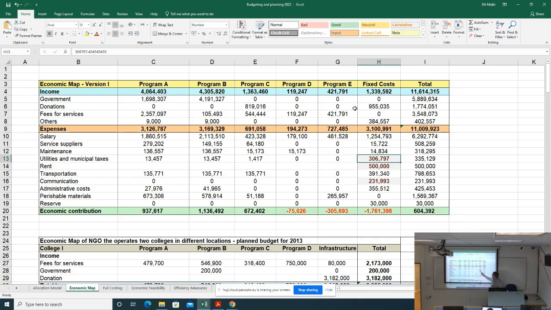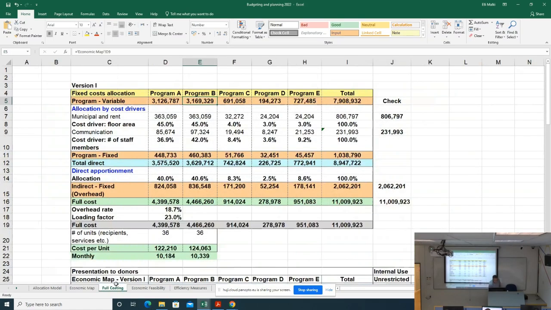So for our example, the fixed program will be utilities and municipal taxes, rent, and communication. And again, this is just an example. One can argue that there are other components that can be fixed program, but this is just for the example. So for our exercise now, we will look at these cost components as fixed program, and the rest is overhead. Okay? All right.